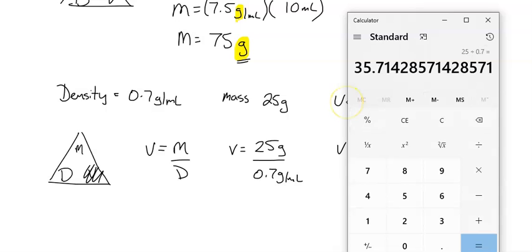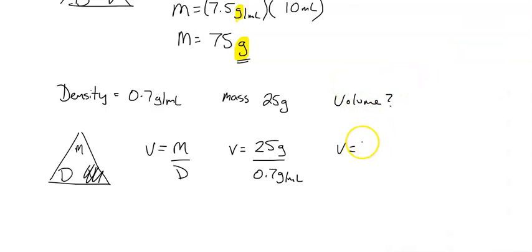We're going to take our cue from the question and go to only one decimal place here because we've got one decimal place in the question. So 35.7 is going to be our numerical answer. And the units for volume here, again, we're taking our cue from the question. Grams per milliliter means the volume should be in milliliters.